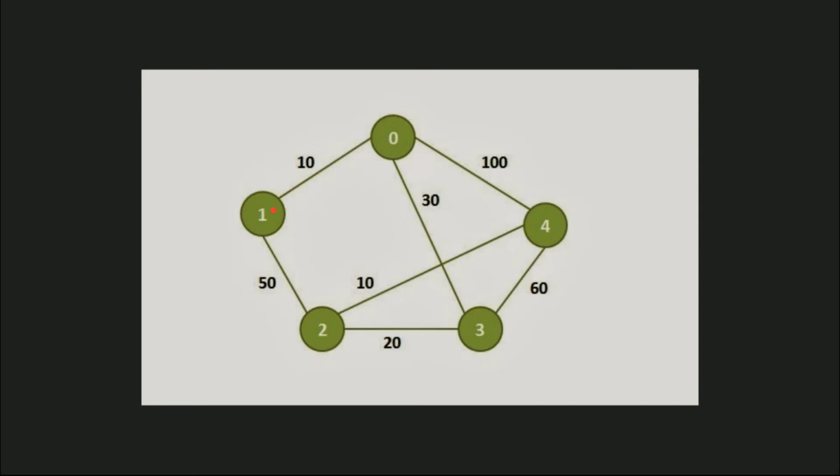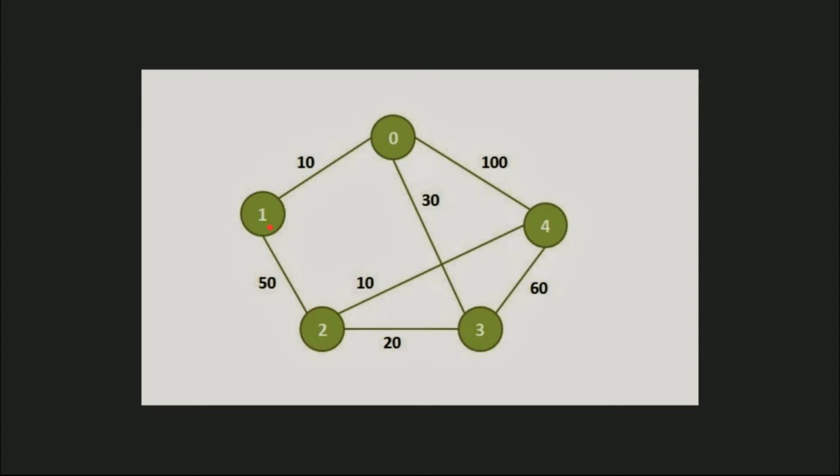Now the node that is adjacent to 1, that is 2, already has a value of 50, and from 0 to 2 via 1 will have a value of 10 plus 50, that is 60. So 60 is greater than 50, so the value will not be replaced here.